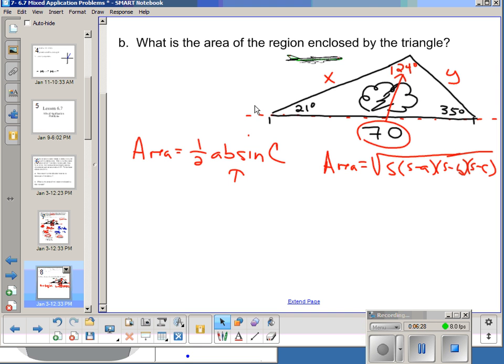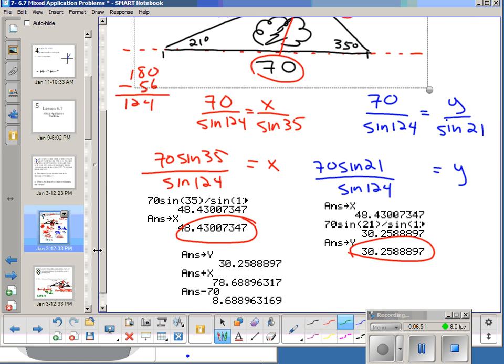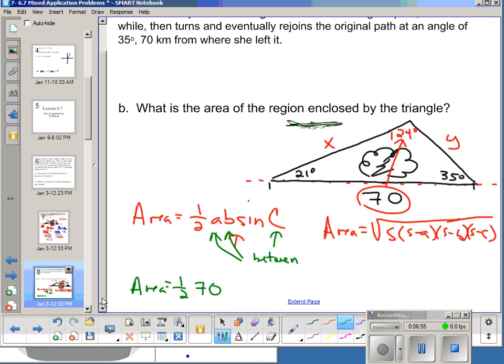And I can pick either angle. The key is that angle C is what is between A and B. So depending on which angle I pick, I would use different sides. For example, my area could be 1/2 if I use the 70, and what did I get for y over here? I got 30.25, right?